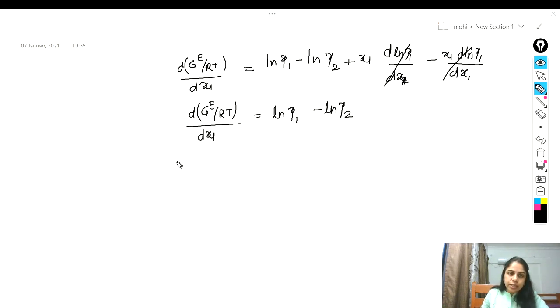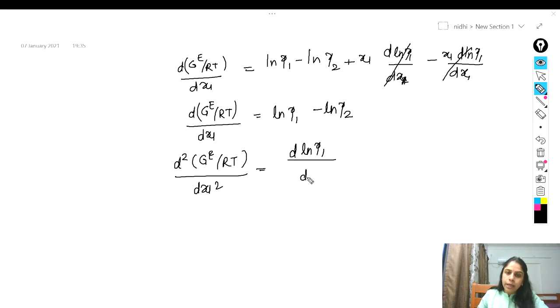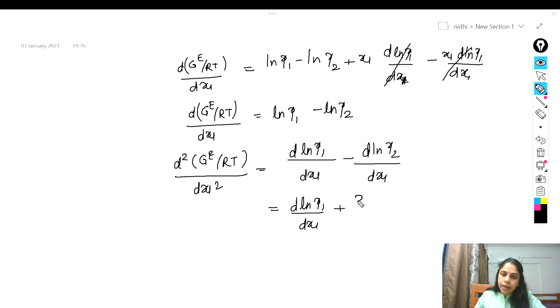Now double differentiate this, with respect to x1 again: d2(GE/RT)/dx1 square. So here it is d ln gamma 1 upon dx1 minus d ln gamma 2 upon dx1. Again we apply the Gibbs-Duhem equation here. So we get d ln gamma 1 upon dx1, and in place of this plus x1 upon x2 d ln gamma 1 upon dx1.